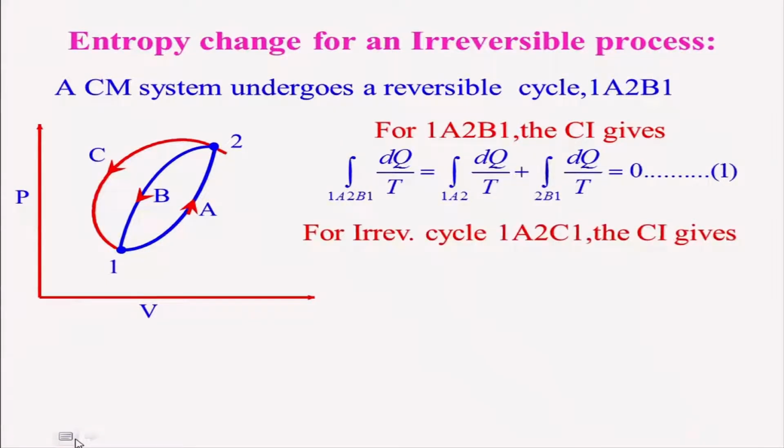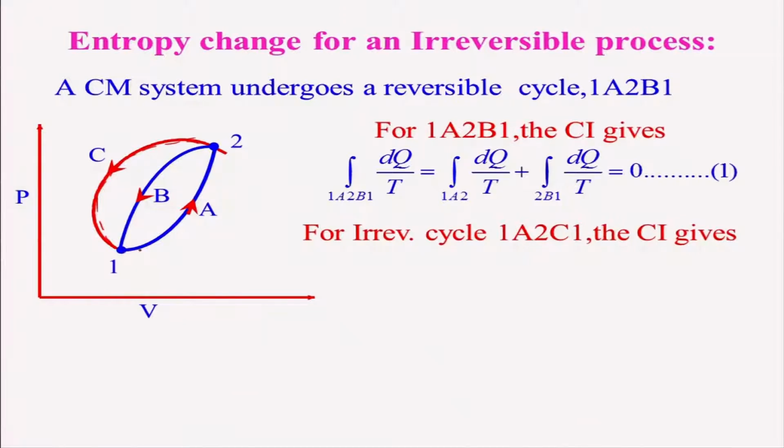And we will take an irreversible cycle, which I can represent as a dashed line.